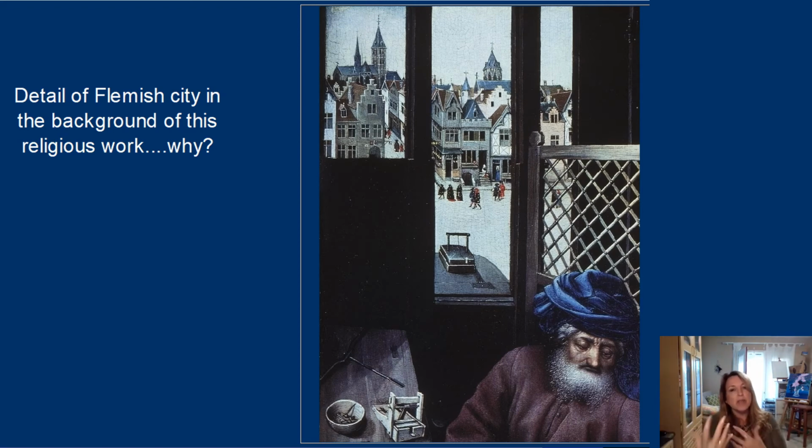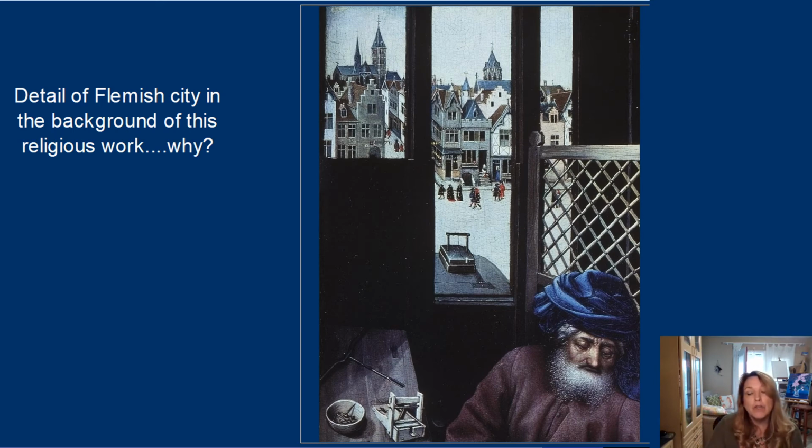And the idea being, it just makes it more accessible. You're not looking at a biblical view. You're not looking at Jerusalem. You're looking at something that they could relate to more. And so it was a tool that they used to make the viewer feel more connected.